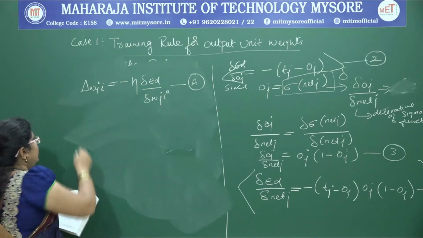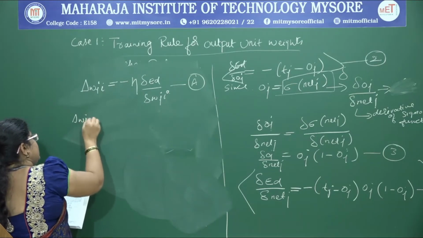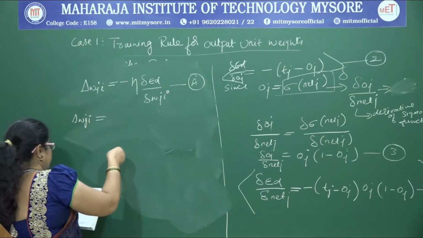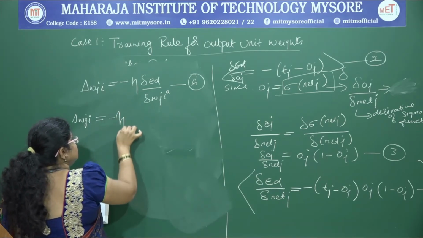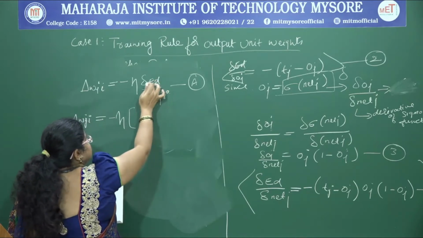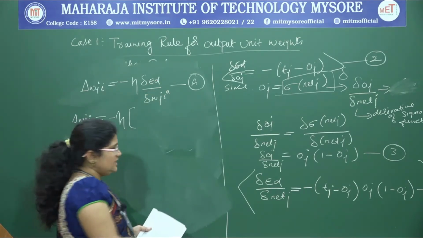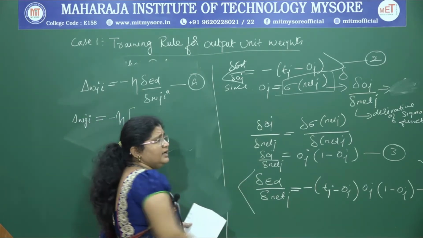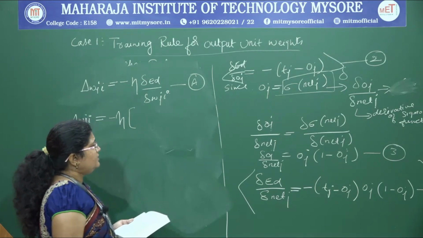Then we are going to get delta Wji is equal to minus eta, it will remain as it is, minus eta, then delta ED by delta net j.